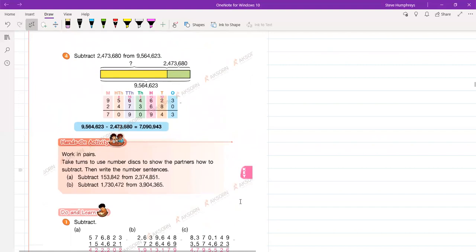7 digits, so we're talking millions here. Subtract number 4. 2,473,680 from 9,564,623.